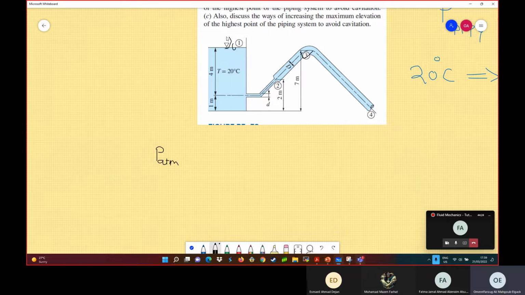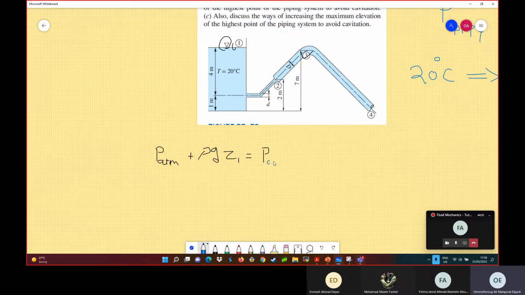He gave you this simply as atmospheric, plus rho g Z1 is equal to, at point 3, we have the pressure. Assume that stagnation will happen at 3. Sorry, not stagnation, cavitation. Maybe I was saying stagnation the whole time. I'm not sure. Sorry for that. I mean cavitation.